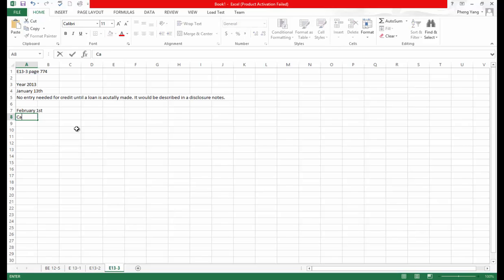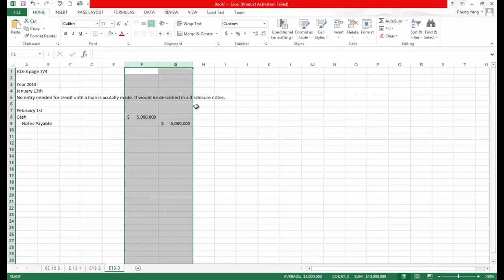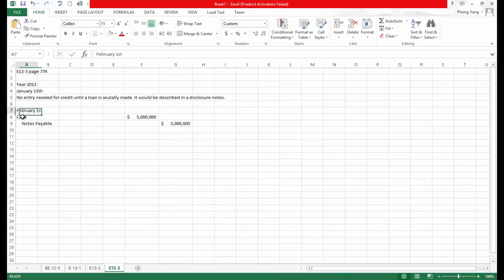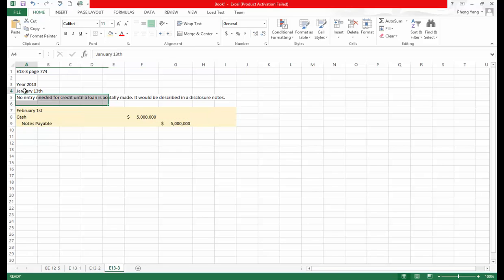Okay, so basically we would debit cash for that $5 million and credit note payable for the same amount. Okay, that's a February 1st transaction, and this is our January 1st transaction. I'm just going to highlight that so you can see a little better.